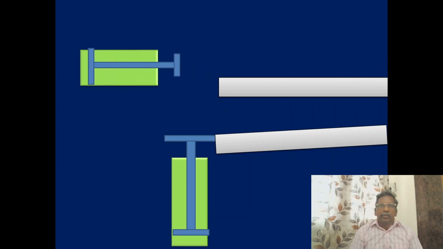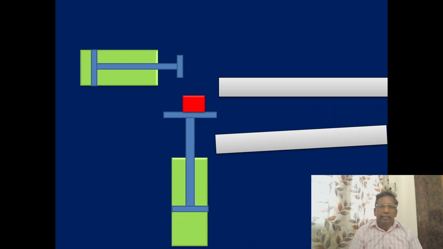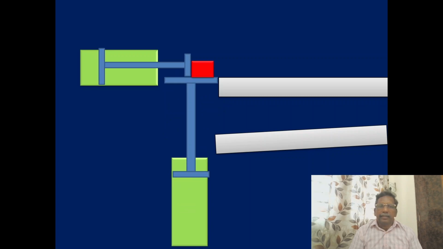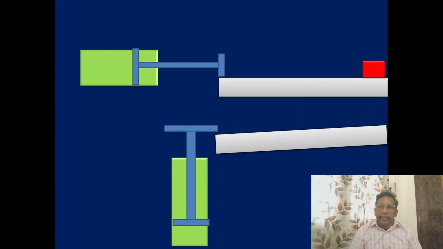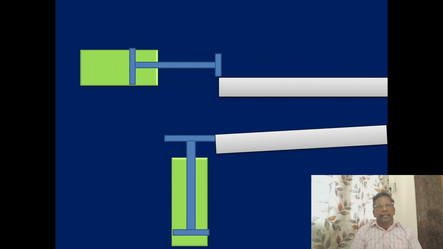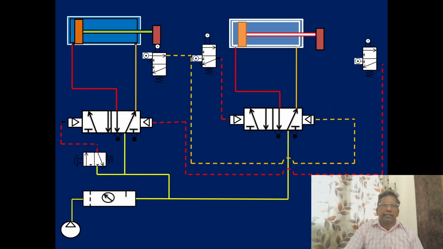First we move the first cylinder, extended, then the second cylinder extended. You can see here the first cylinder is extending, then the second cylinder is extending. After that, the first cylinder is moving down and the second cylinder retracts. Understood? This is called sequential action.